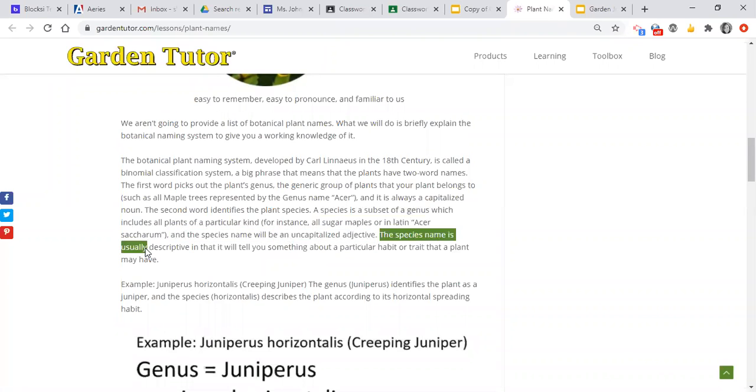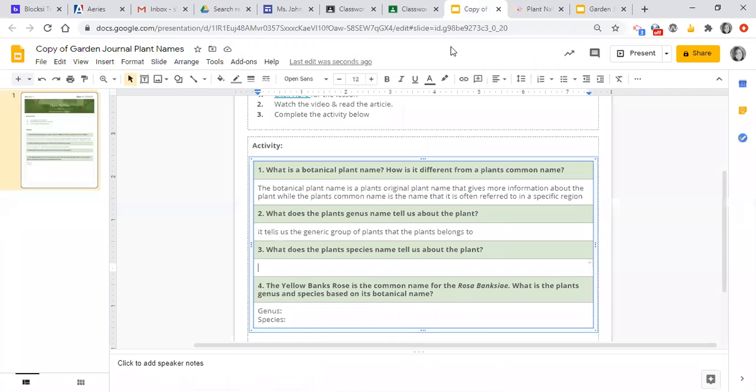The species name is usually descriptive in that it will tell you something about a particular habit or trait that the plant may have. So we can say here that the species name will give you more information about a particular habit or trait of the plant.